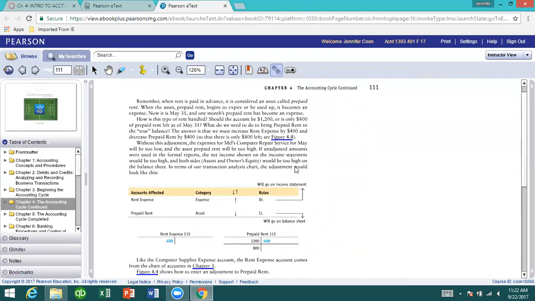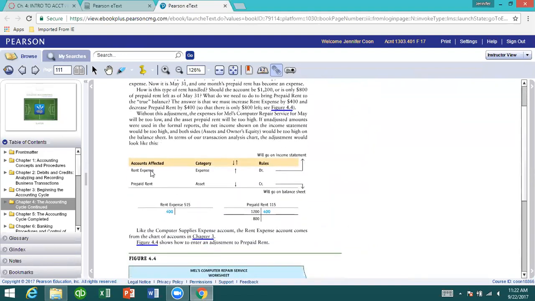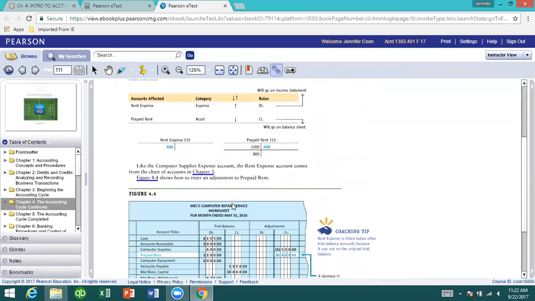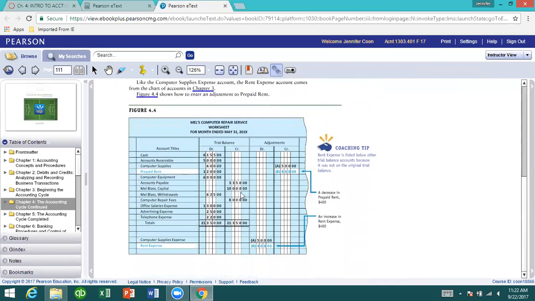So when you come in and they talk about the journal entry, you would debit rent expense and you would credit the prepaid rent for the amount of rent that was used up during that month. So now they've come in and added rent expense on their worksheet, and they've adjusted the prepaid rent account by $400.